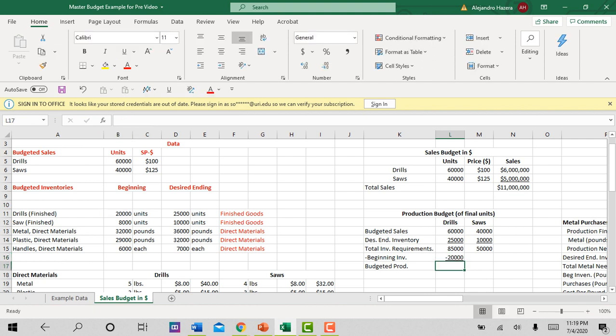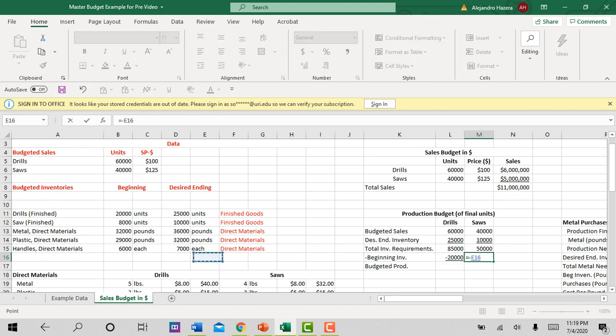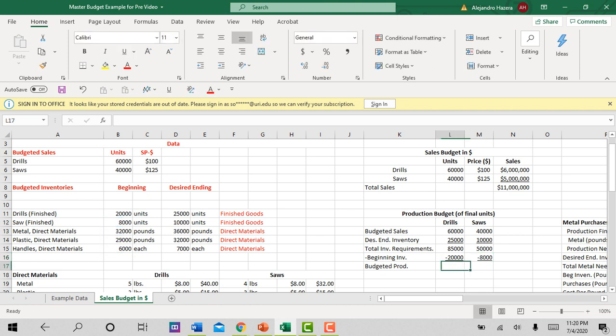Make that negative. And our beginning inventory for saws is 8,000 units, and that's negative. Okay, so this is the number. Let's put it budgeted production. These are the numbers of units that you're going to have to produce this period in order to meet both your budgeted sales and your desired ending inventory.